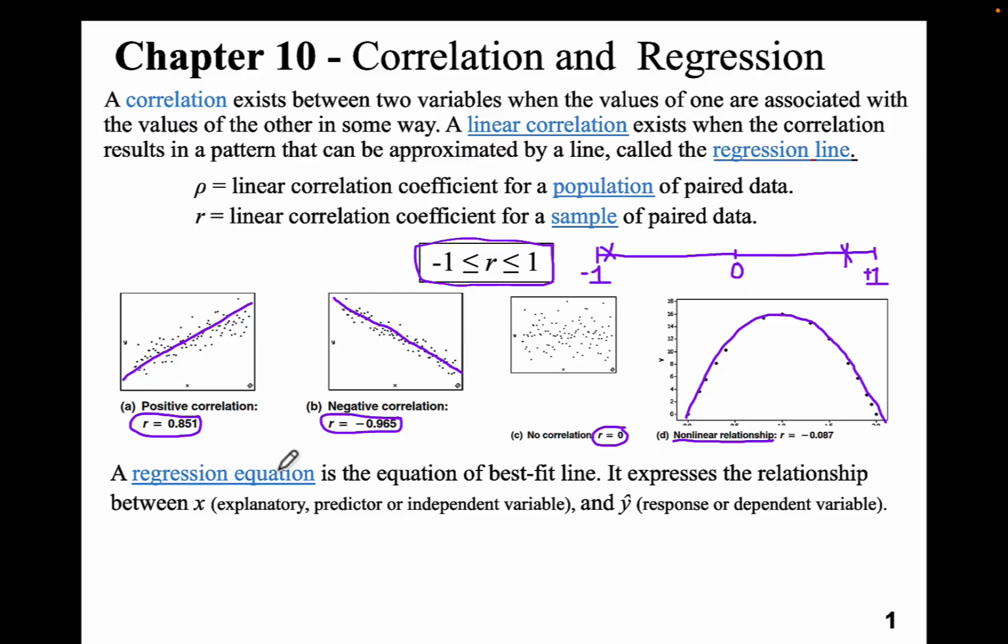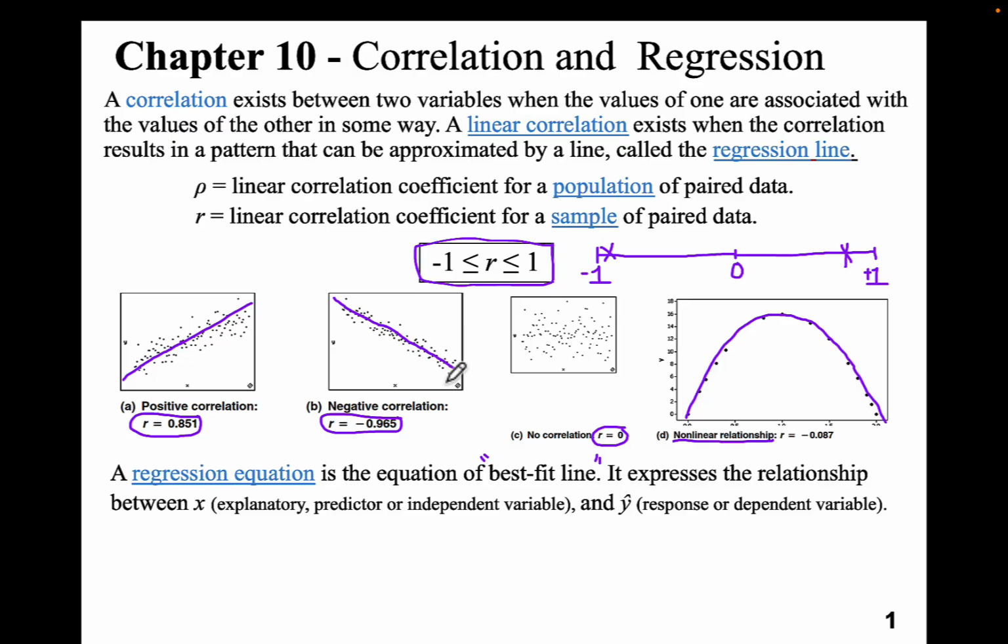A regression equation is the equation of what you'll often hear called the best fit line. So if we could find the equation of these purple lines right here that we sketched, that would be the regression equation, what we call the best fit line.